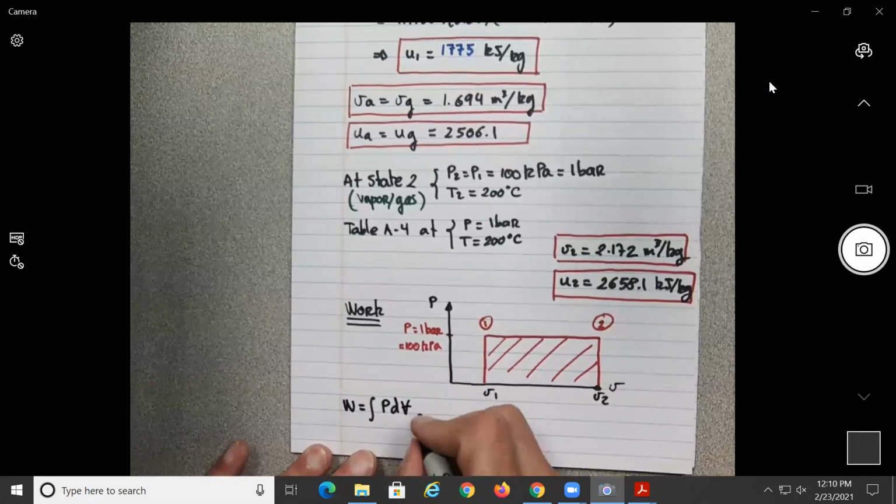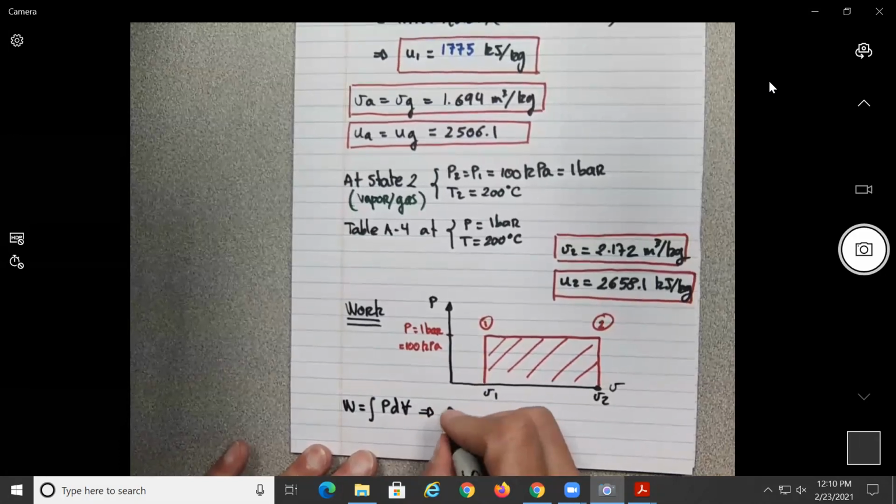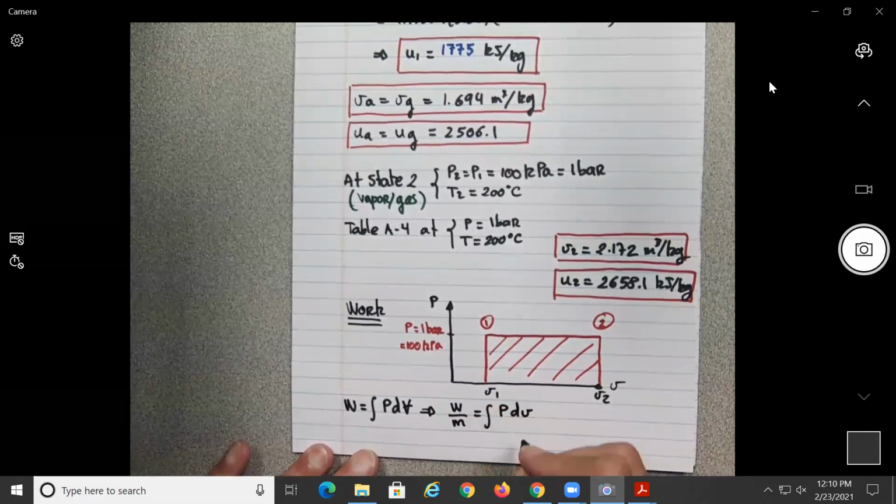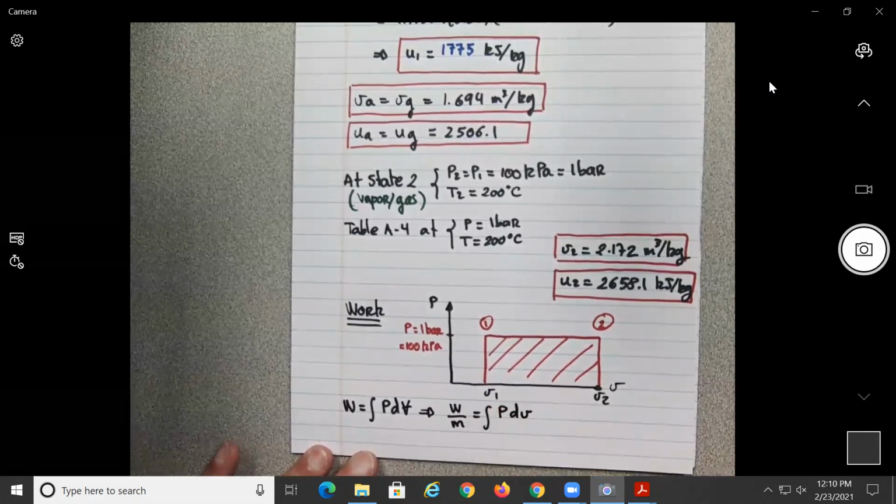Or we can write this as work over m equal to the integral of P dv, where lowercase v is the specific volume. Specific volume is volume over mass, per unit mass.